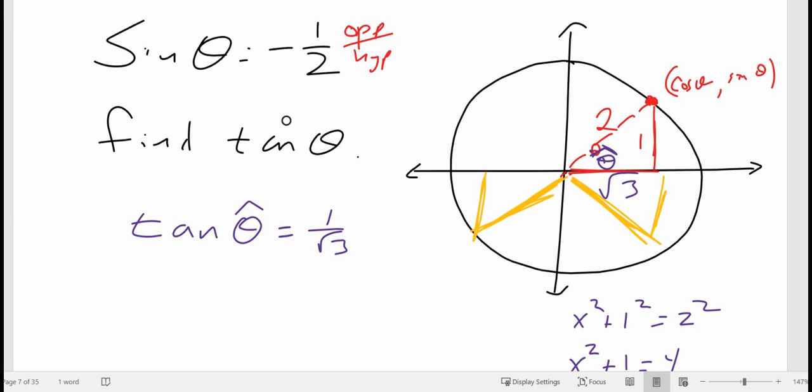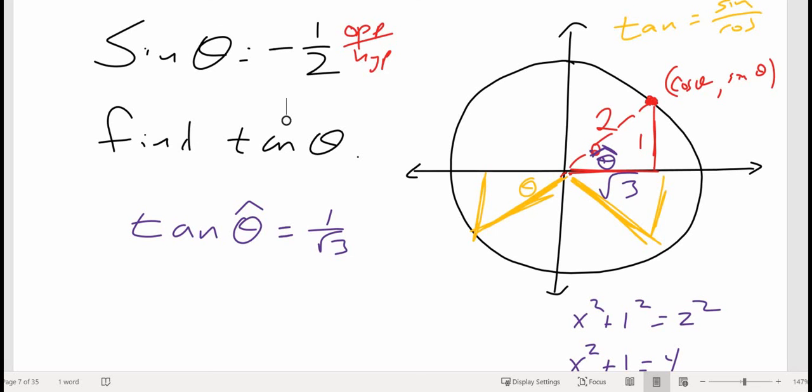Tangent, this is all you have to remember, is sine over cosine, right? If theta is here, then in quadrant 3, both cosine and sine are negative, because you go left and down.